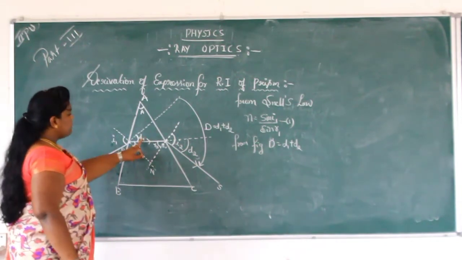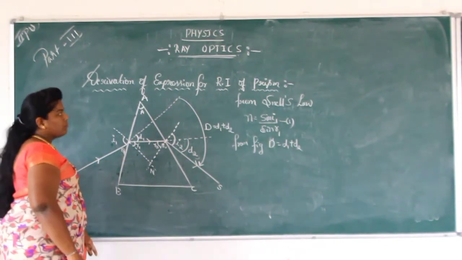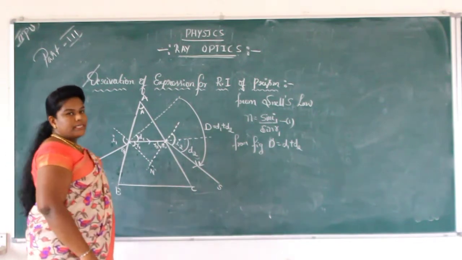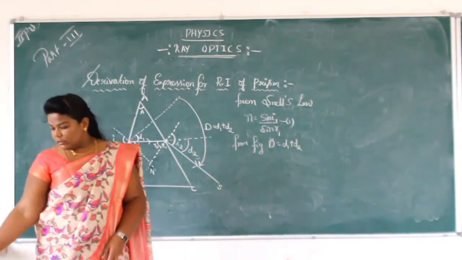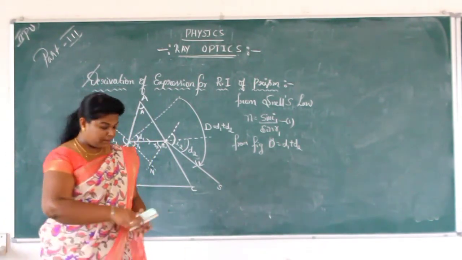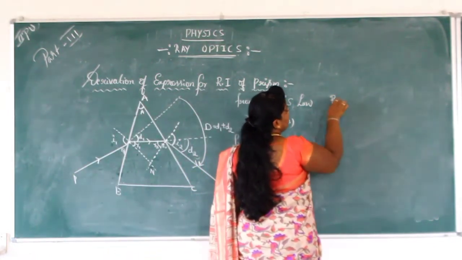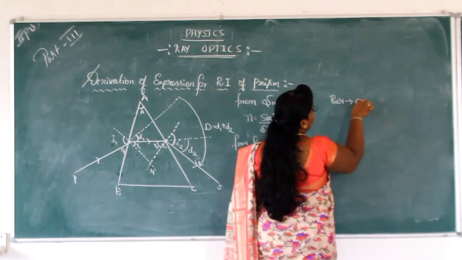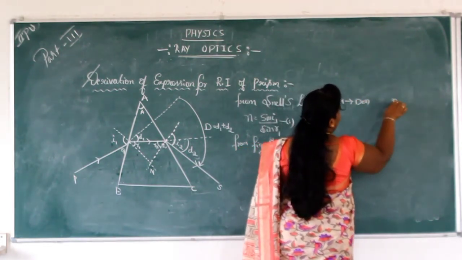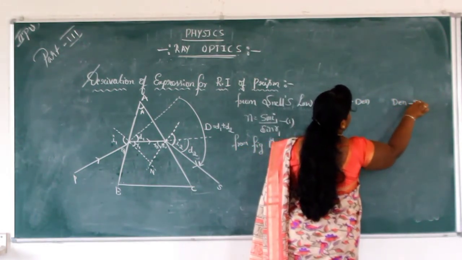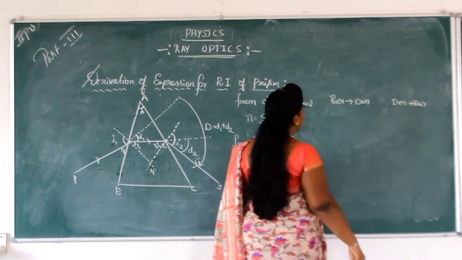Then how to write D1 and how to write D2? Hope you remember, my dear students, how to write the deviation formula for a ray of light traveling from rarer to denser medium, as well as from denser to rarer medium.